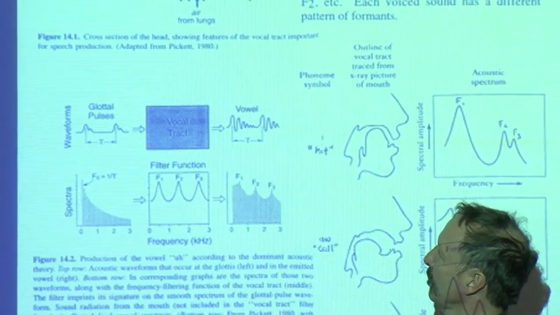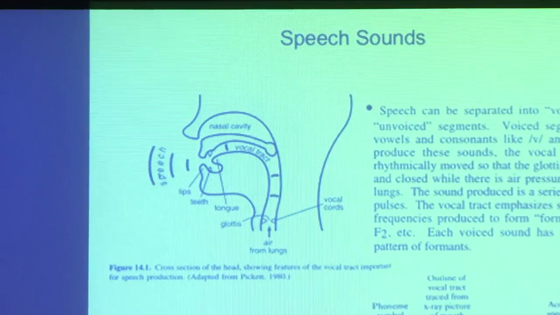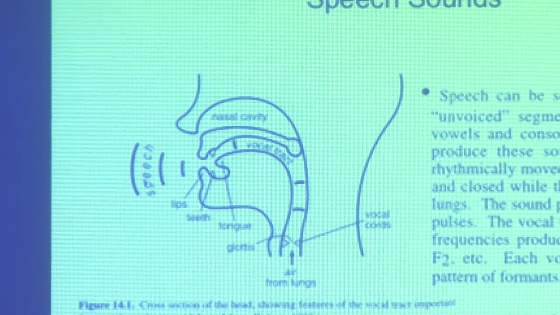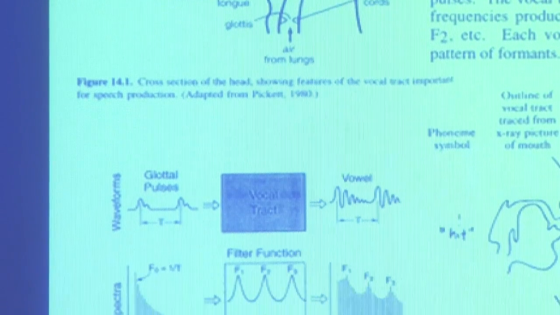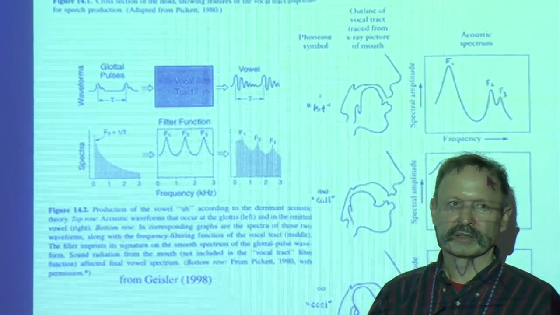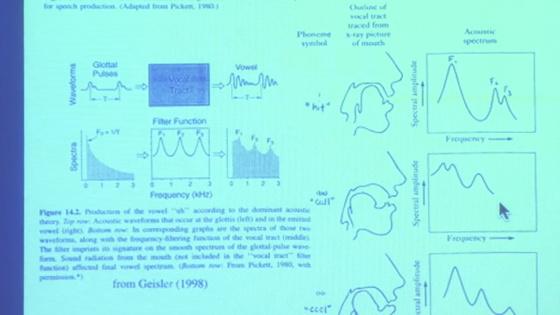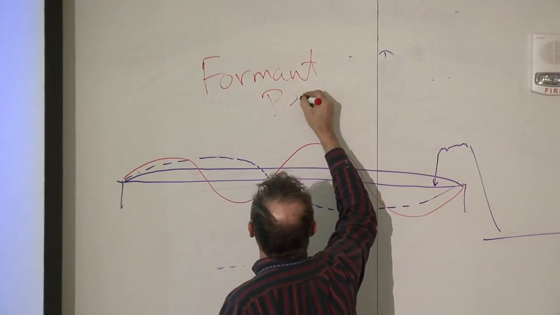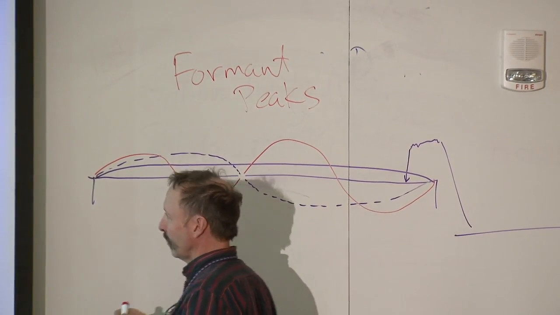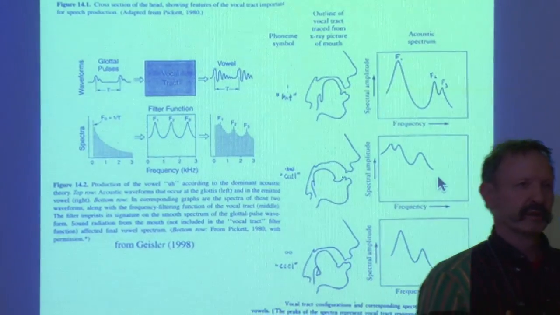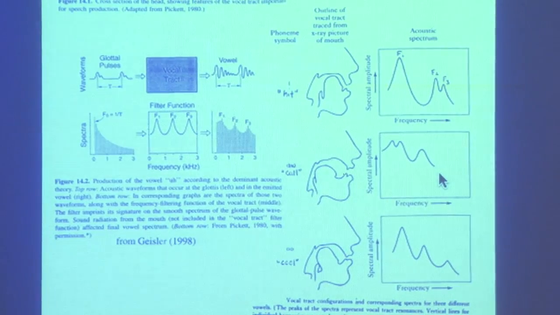The upper part of your vocal tract is what's called a filter. And it serves to emphasize some of those harmonics and de-emphasize others. And the filter function is indicated here having 3 peaks. Those peaks are called formant peaks. And they have to do with the shape and dimensions, lengths and widths, of your upper vocal tract.